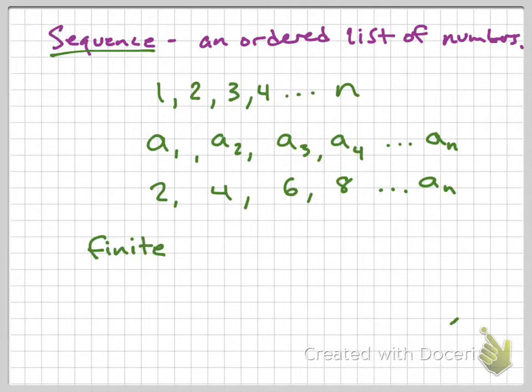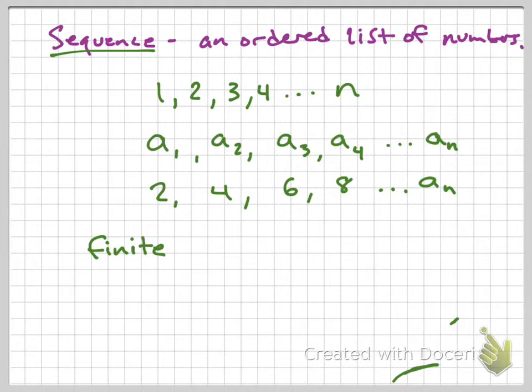A finite sequence has a limited number of terms. But an infinite sequence is one that would go on forever. So we see that would just maybe be where we had a ... at the end.